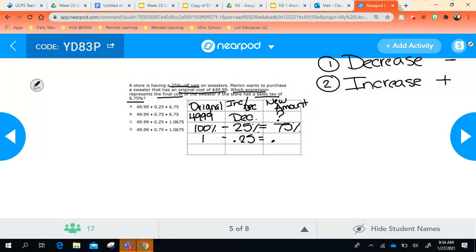It's 0.75. So you can actually either subtract, or you can take that 75% and just turn it into a decimal. If you're subtracting and you get a different weird number and it doesn't match the percent above, then that means you probably did something wrong.